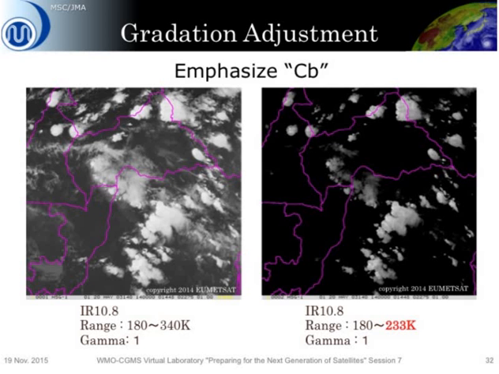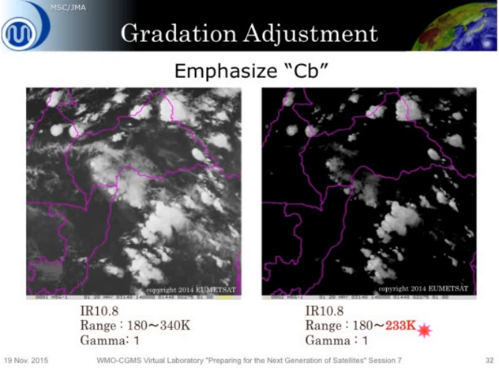First, adjustment of gradation. Here is an infrared imagery. Sorry, this is not Himawari imagery, but one borrowed from EUMETSAT training materials. The gradation range of the left imagery is from 180 Kelvin to 340 Kelvin, whereas that of the right imagery is from 180 Kelvin to 233 Kelvin.